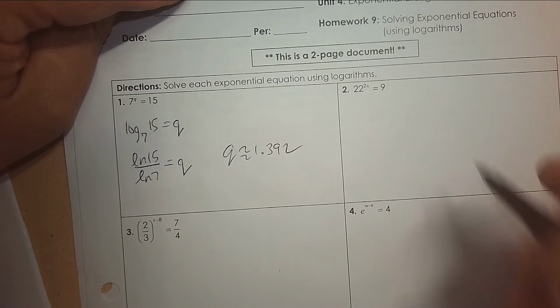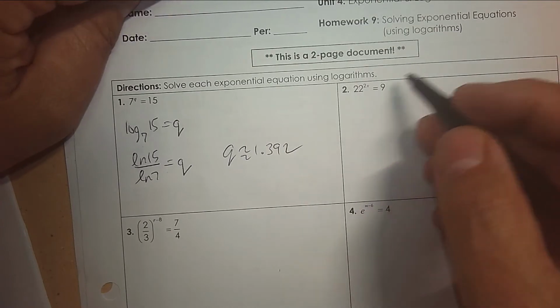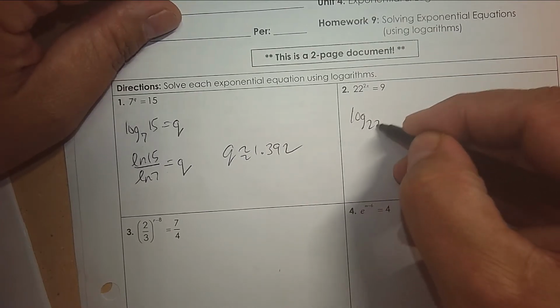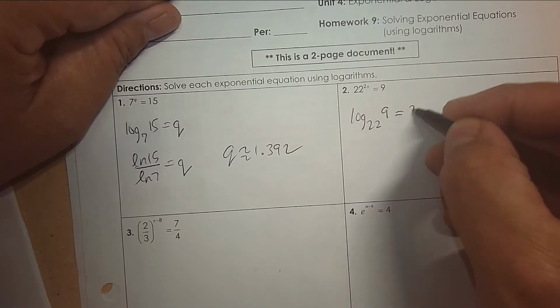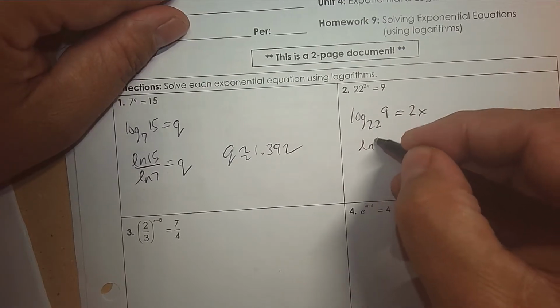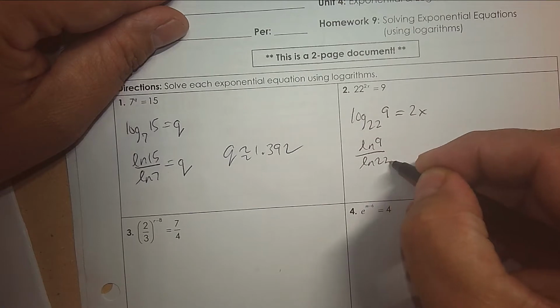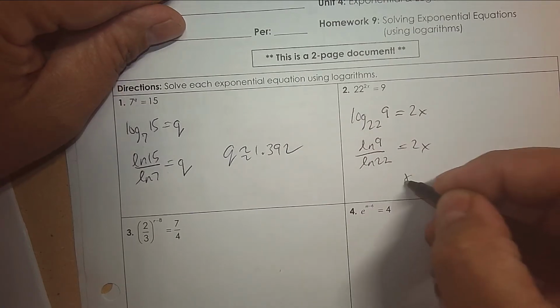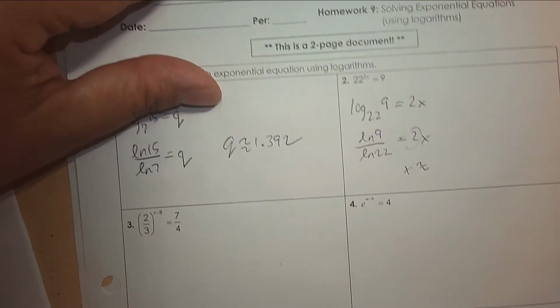So again, the exponential is already isolated, so we're going to write it as a logarithm. The base is 22, the answer part is 9, and that's 2x. This is ln 9 divided by ln 22. So we're going to take that answer and then divide it by 2.